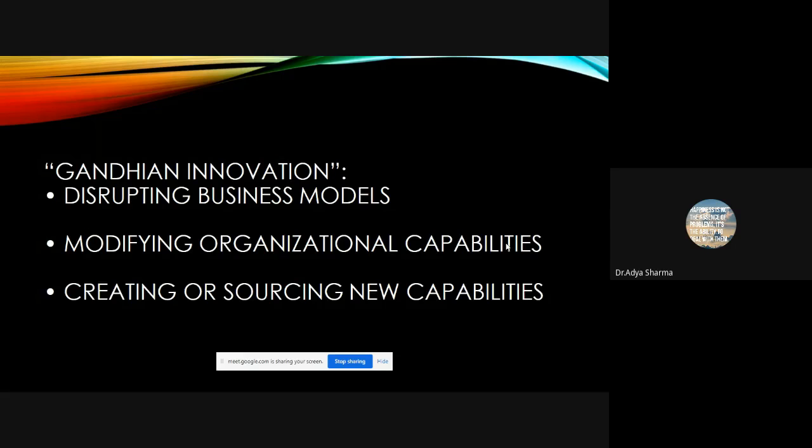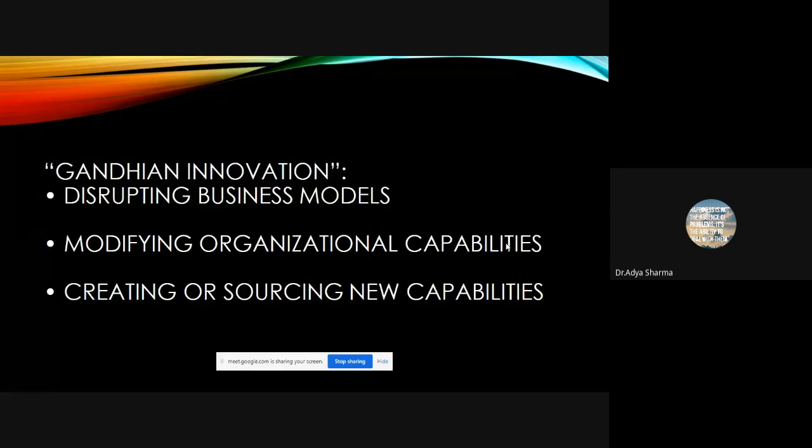And whenever I talk of innovation, there is this beautiful article by Harvard Business Review, which I have shared with you in Google Classroom, and I just love the way they have tried to explain innovation using the Gandhian model.